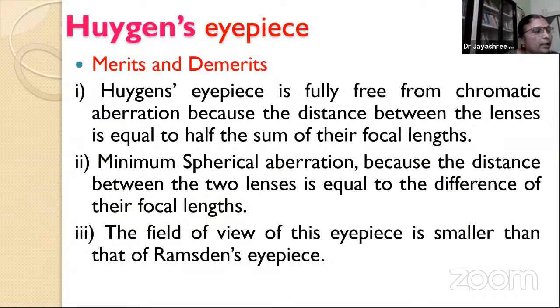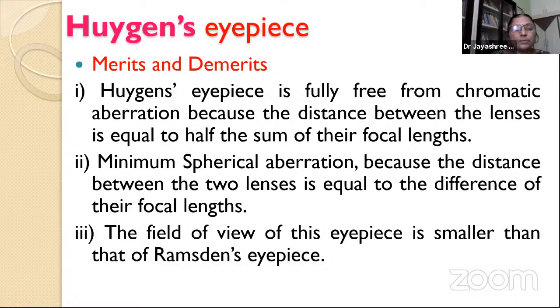Now, similarly, the lens combination formed in the Huygens eyepiece is an achromatic combination. So obviously the distance d between the two lenses can be considered as half of the sum of the focal lengths.